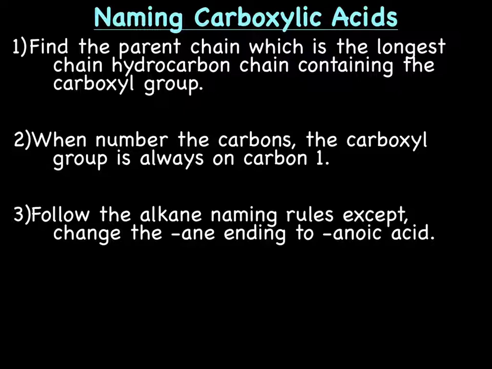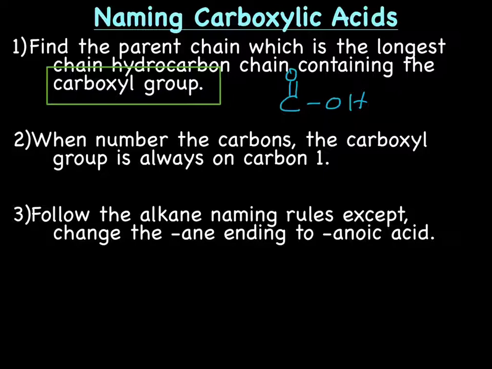Naming carboxylic acids. Honestly, it's not much different than what we've been doing so far. You find the parent chain, which is the longest carbon chain, but this chain must contain the carboxyl group, right? And once again, the carboxyl group is going to look something like that.